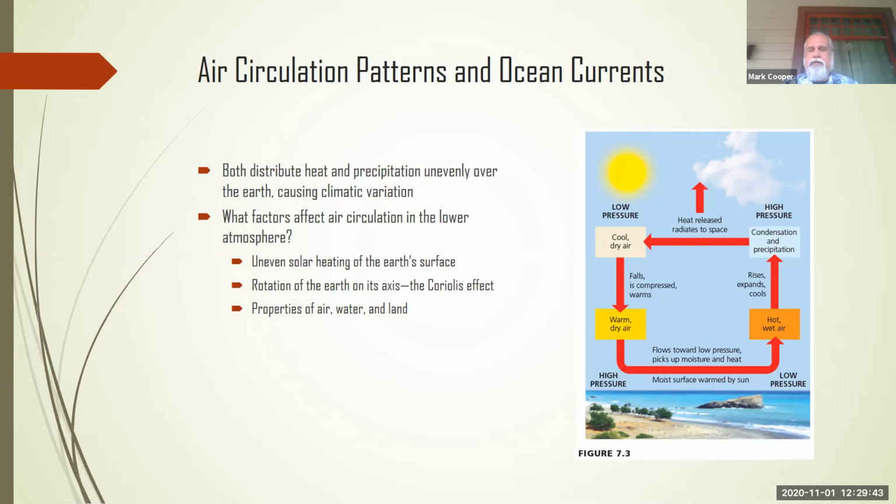The rotation of the Earth itself causes ocean currents, the Coriolis effect, and then there are the properties of air, water, and land. It's cooler near oceans and lakes; that's a property of water. All of these things add up to what we consider climate.